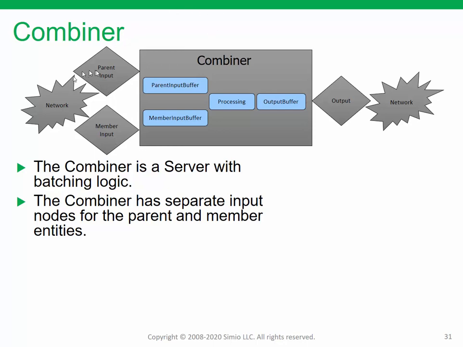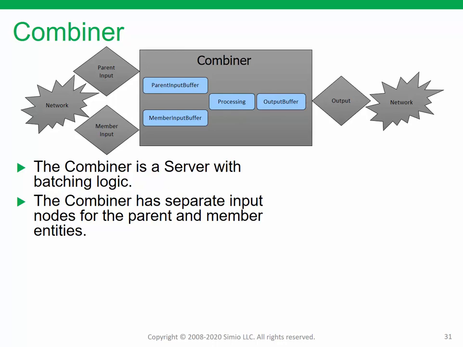So think about a parent entity arriving, being transferred into the parent input buffer, transferred into the processing station when there's capacity available, going through some processing, going to an output buffer, and through the output node back onto the network or into free space. You have that same general behavior that we saw with the server object.